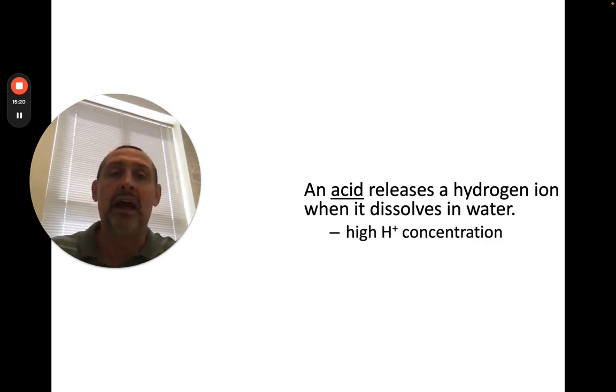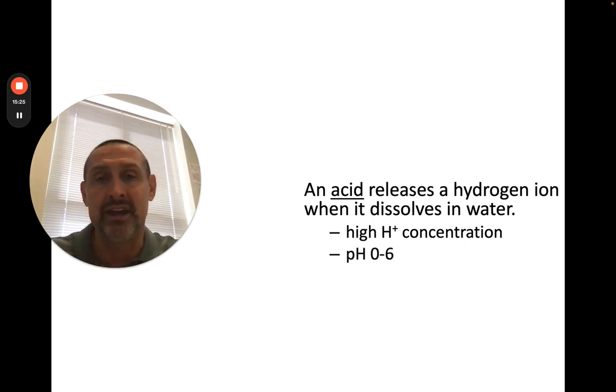So acids have a high concentration of hydrogen ions. We can measure that with something called pH. So the pH scale measures the relative concentration of hydrogens. 0 to 6 makes it an acid.